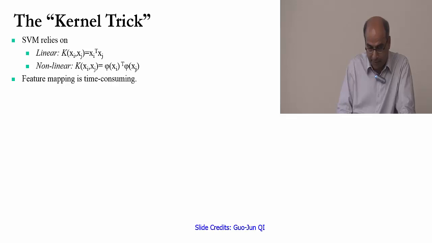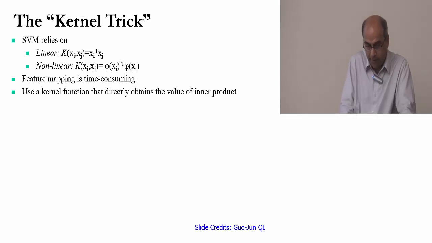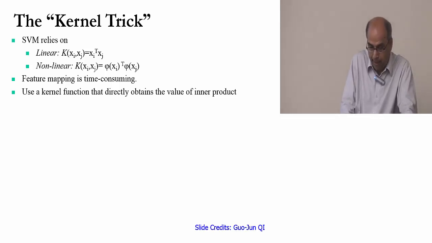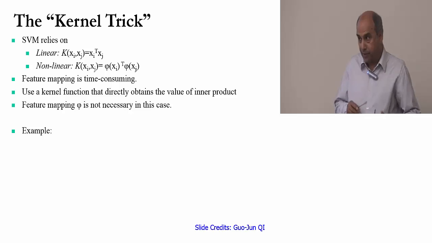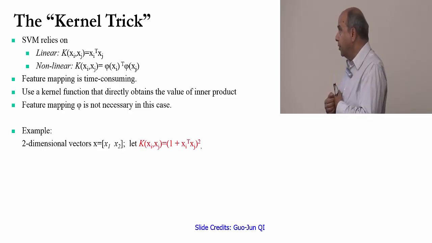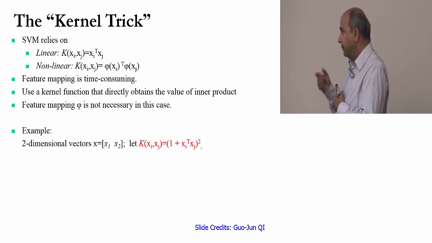So the feature mapping is time consuming, therefore we will just use the kernel directly, and actually feature mapping is not necessary. Okay, look at the example and listen to this very carefully. We have a two-dimensional vector x1, x2. This is a feature vector, very simple.